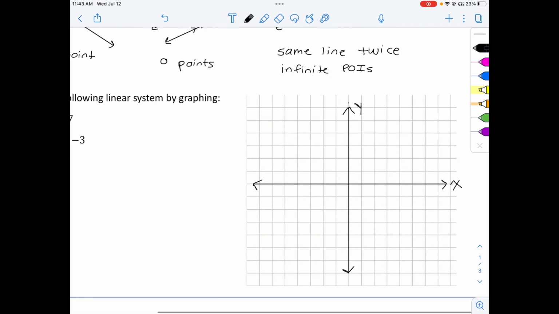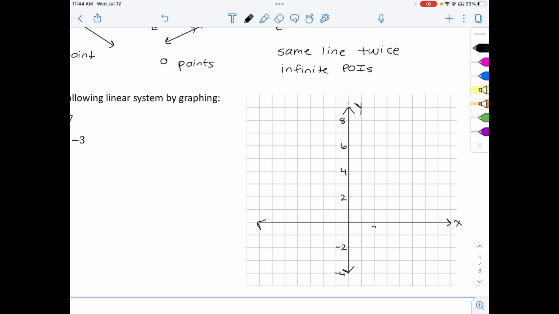I'm actually going to just move this down so that I can have space to do both of my equations. Okay, so let's say here I'm going to go up by 1s on this axis. I'm just labeling every second line so that I don't have to write as many numbers. And then same thing here.